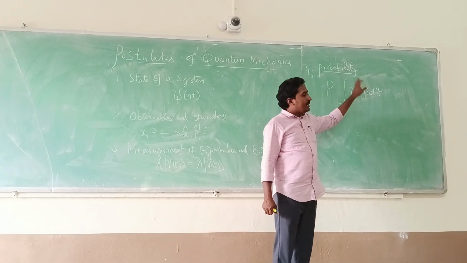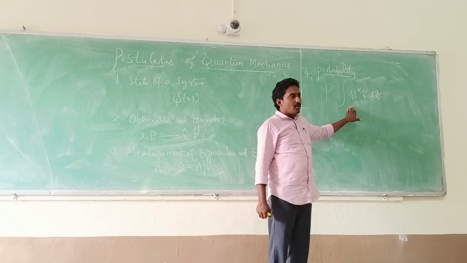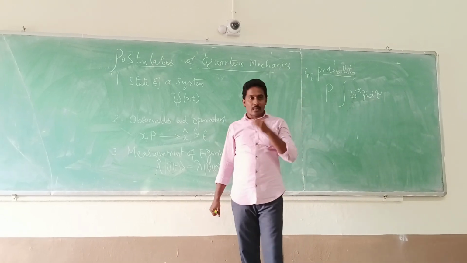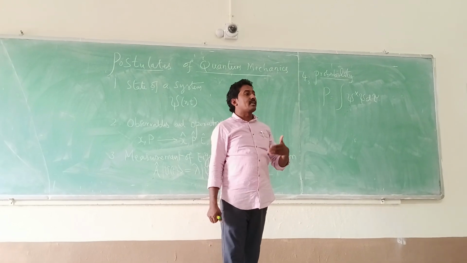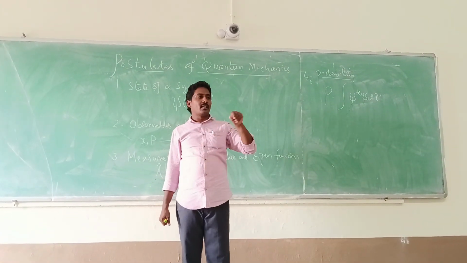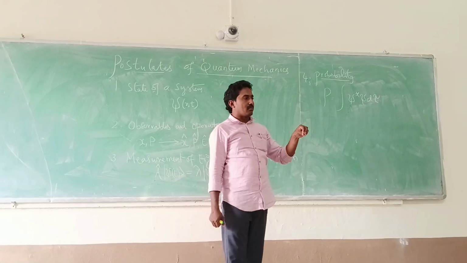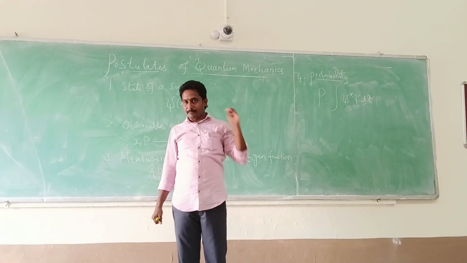If ψ has only real values, there is no change in the complex conjugate. For example, if ψ is equal to exponential ikx, then ψ star will be exponential minus ikx. The sign of the imaginary term changes. This is the mathematical representation of ψ star, the complex conjugate of the wave function ψ.